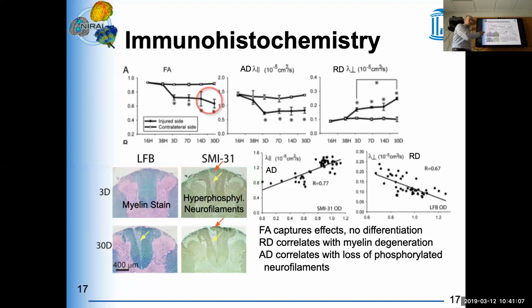FA, because it's a ratio, is more sensitive, as it can be affected by multiple processes that usually go in the same direction. So you have a compound effect that you wouldn't necessarily have in AD and RD. But generally, in order to understand things, you would look at all of them to have a broader picture.